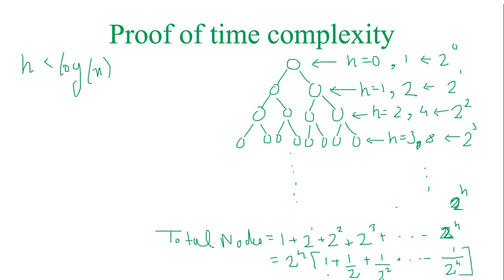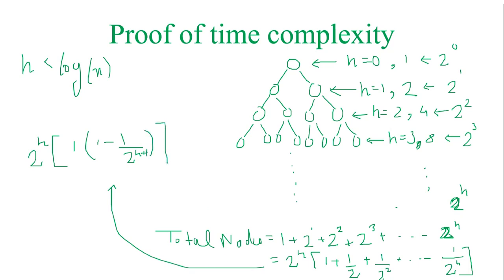So it's a GP, and if we solve this, we can say that 2 power h into 1 into 1 minus 2 power h plus 1 upon 1 minus 1 by 2. Upon solving this, we will get the total number of nodes is equal to 2 power h plus 1 minus 1, and hence the maximum number of nodes will be 2 power h plus 1 minus 1.